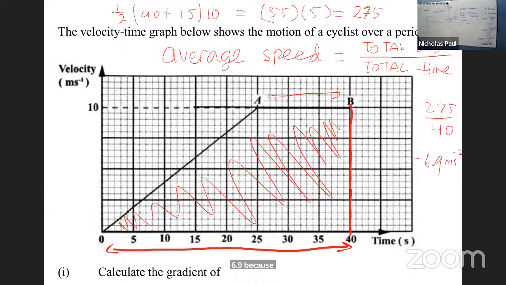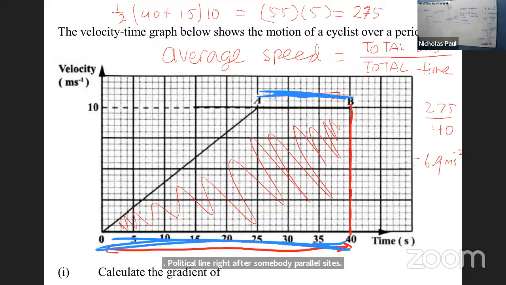Half the sum here. I'm going to show you again. To find the area of a trapezium, follow the blue line. Half the sum of the parallel sides: parallel side at 15, parallel side at 40, and the height is 10.